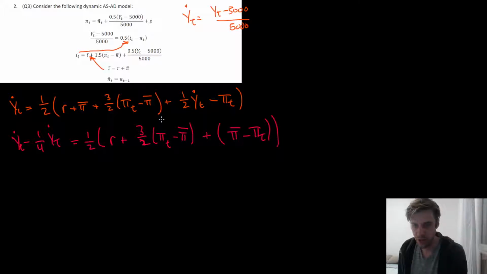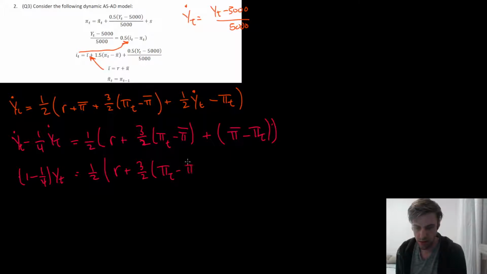Okay, so this yt just came to this side, and I multiplied by 1/2 and pulled it out, and then subtracted it. So then I factor yt, so I get 1 minus 1/4 is going to be 3/4 yt dot. And to be very clear, that is 1 minus 1/4 yt dot. Then on this side, I have r plus 3/2 pi t minus pi bar. And then here, I'm going to factor a minus 1 out of this.